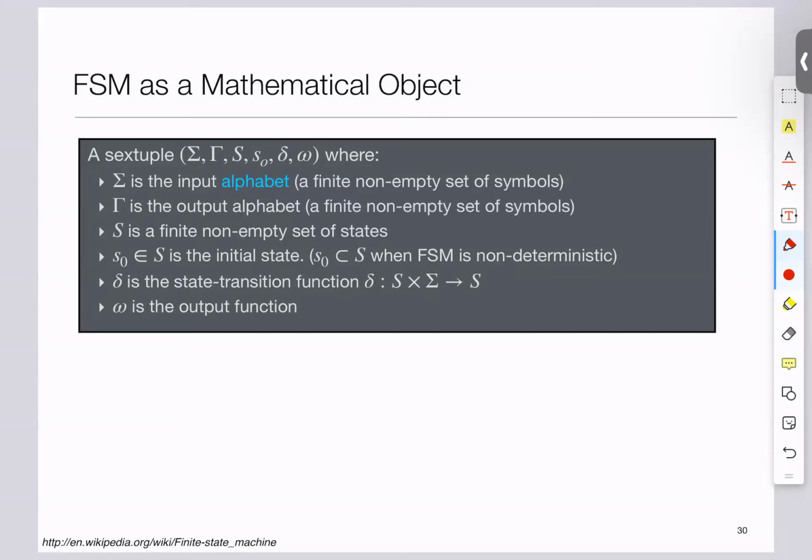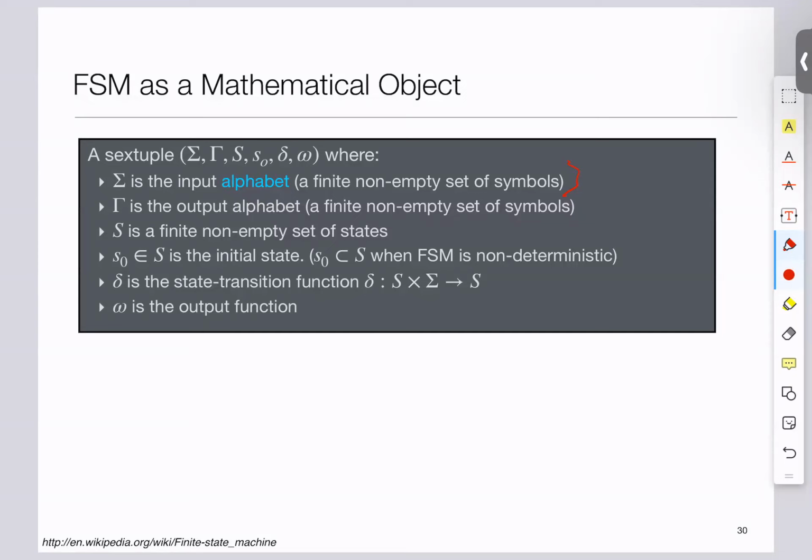First there is a set sigma, which is the input alphabet. It's basically saying what symbols I can see at the input. In hardware terms, every clock tick, I'm getting an input which is a member of this set called sigma. So it's a set of symbols.